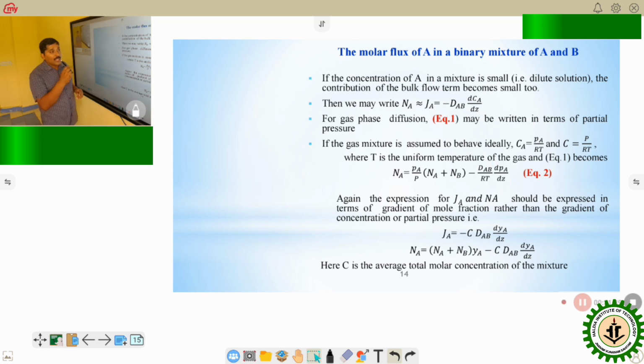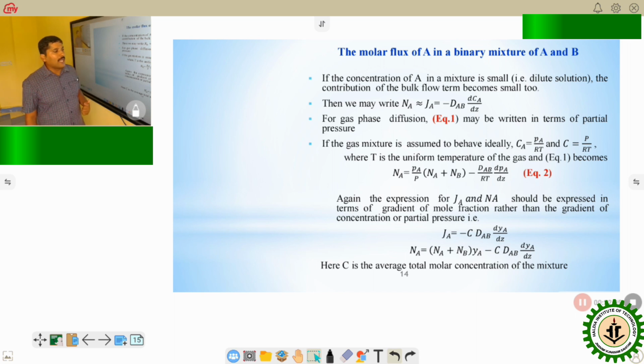If I substitute these values in our previous equation for flux N_A, we get N_A equal to P_A by P into (N_A plus N_B) minus D_AB by RT dP_A by dz. This is our representation in terms of partial pressure and total pressure for the gaseous mixture.